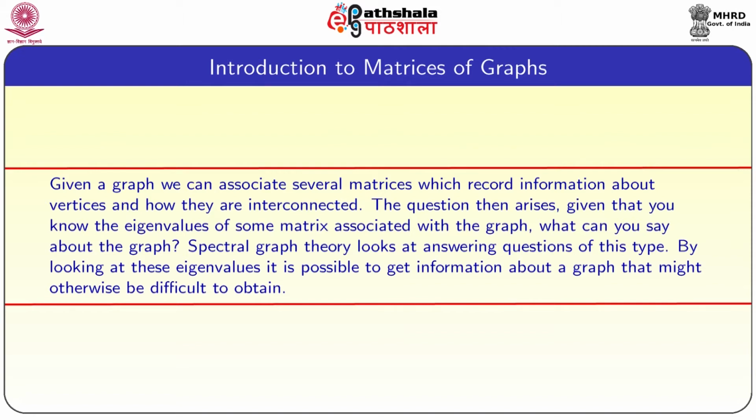The question then arises: given that you know the eigenvalues of some matrix associated with the graph, what can you say about the graph? Spectral graph theory looks at answering questions of this type. By looking at these eigenvalues, it is possible to get information about a graph that might otherwise be difficult to obtain.